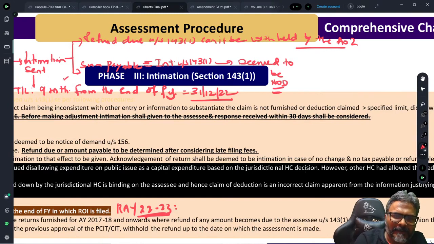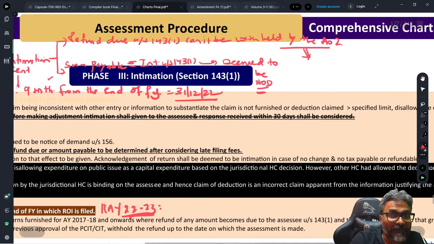Thank you, Shuddhadev. So the refund which has been there, students, can it be withheld by the assessing officer? And the answer is yes. Now when you talk about the withholding of the refund by the assessing officer in this particular context, here the assessing officer needs to have a ground.